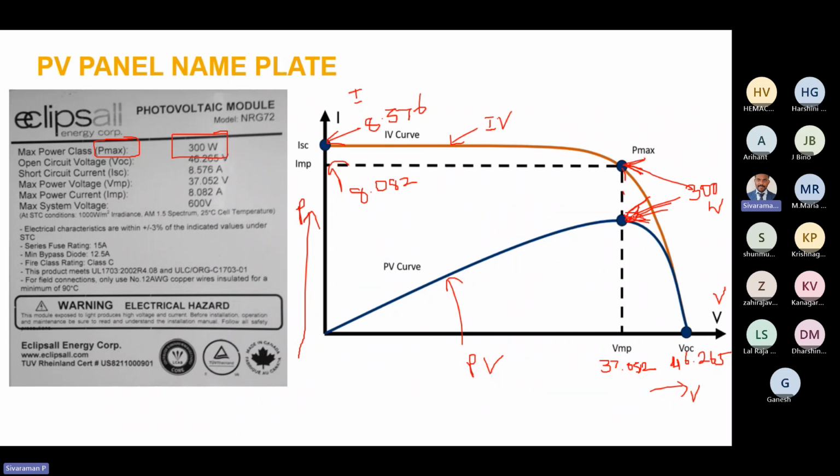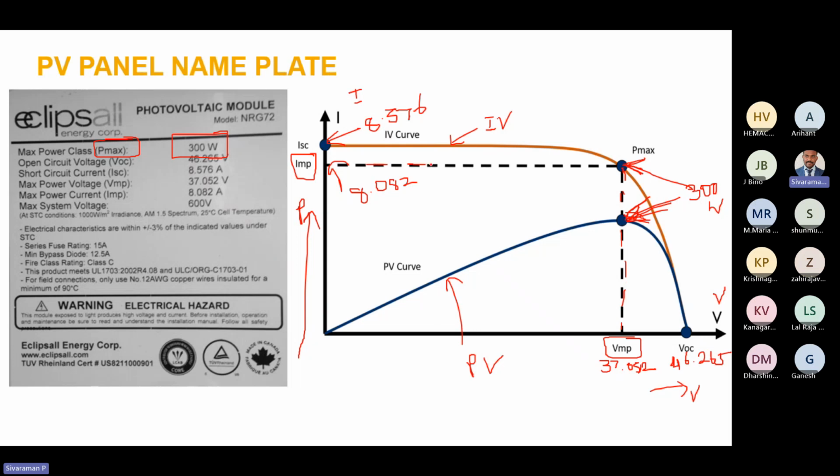In simple words, the maximum power point occurs wherever the IMP, the maximum power point current, and the VMP, the maximum power voltage, intersect. That point is called the maximum power point. So that is 300 watt, right?